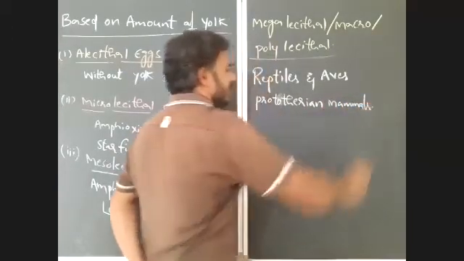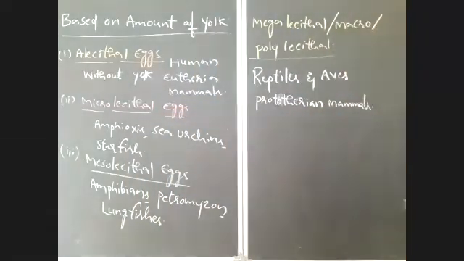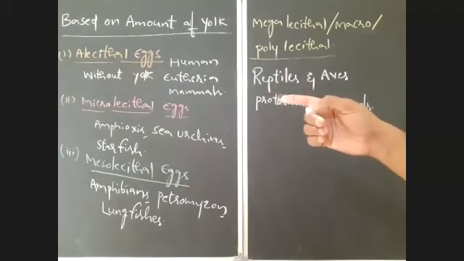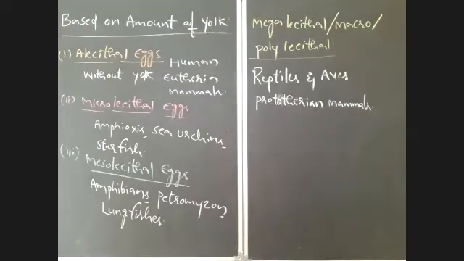In prototherian mammals or egg-laying mammals, reptiles and aves, which type of eggs are there? Those are megalecithal or polylecithal eggs, that you have to remember here. So megalecithal or macrolecithal or polylecithal eggs are all completed.